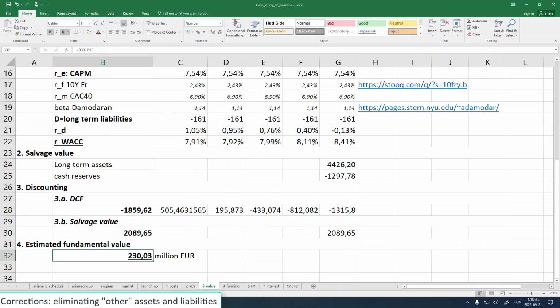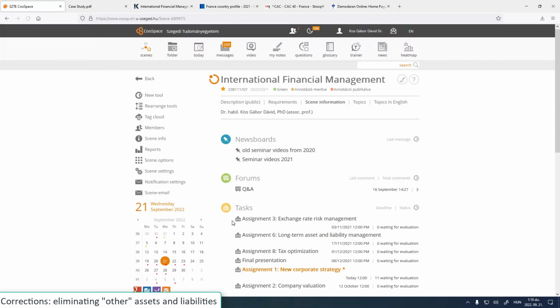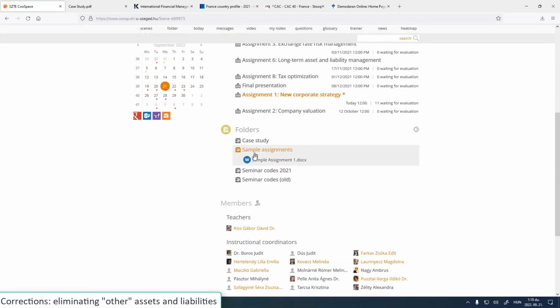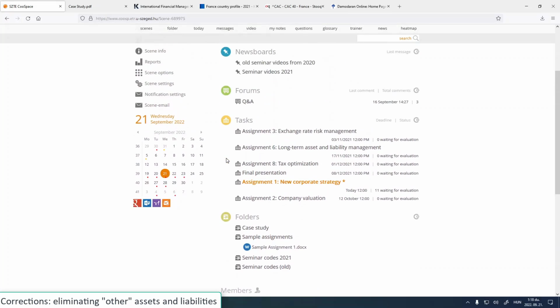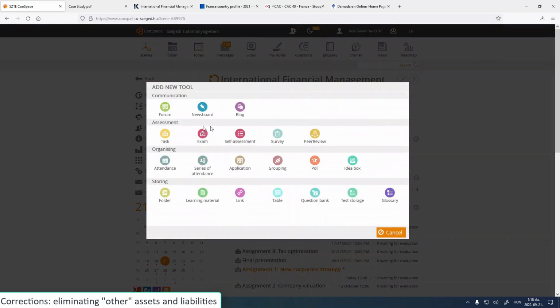Obviously I will upload the Excel sheet so you can adapt to your own strategy. So not in the sample assignments, let's create a new one.